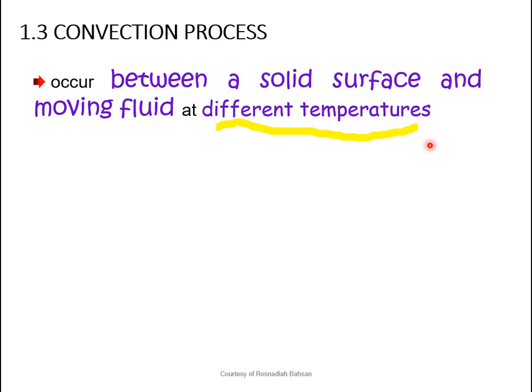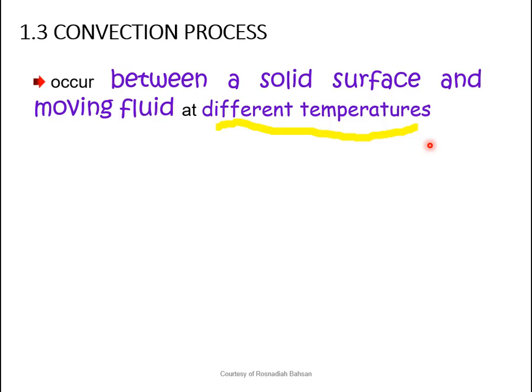For example, steam in a power plant to produce electricity. Steam in a particular pipe is moving, and the motion will induce the convection process.